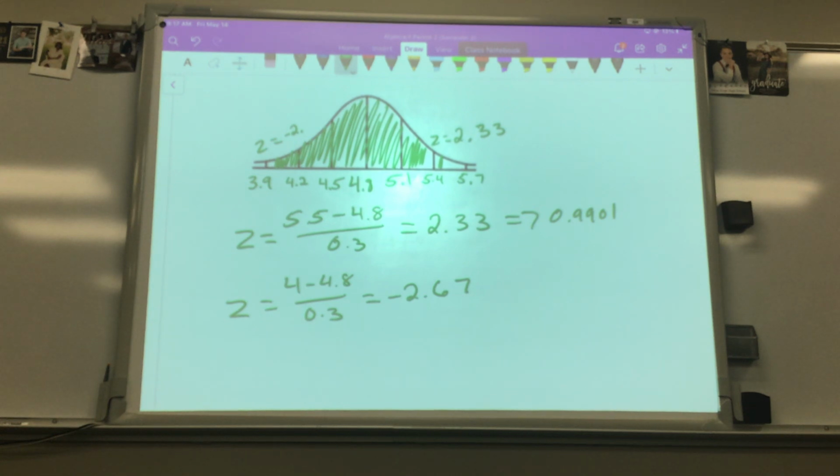So negative 2.67, 0.0038. Okay, so that 0.0038 is just that little sliver right here, right? I gotta exclude that from the 0.9901.